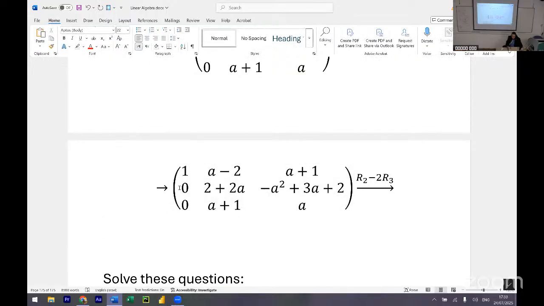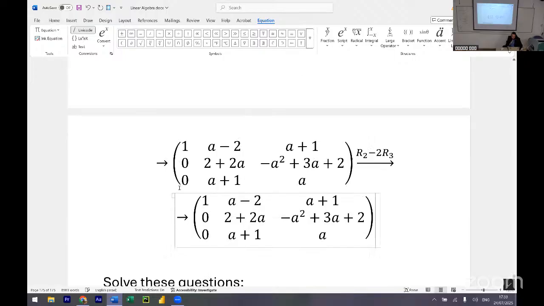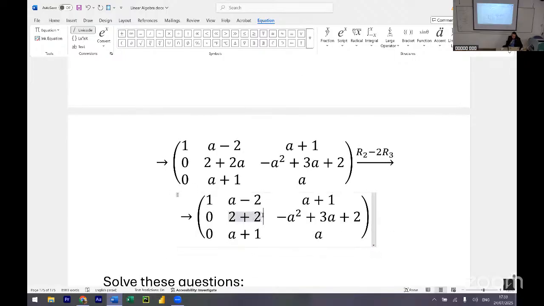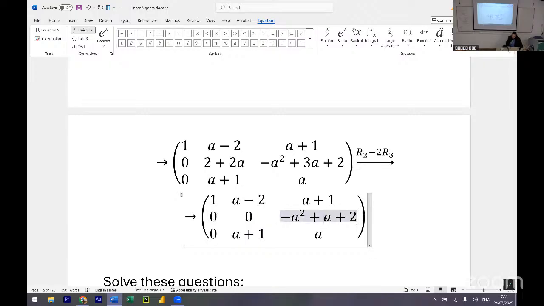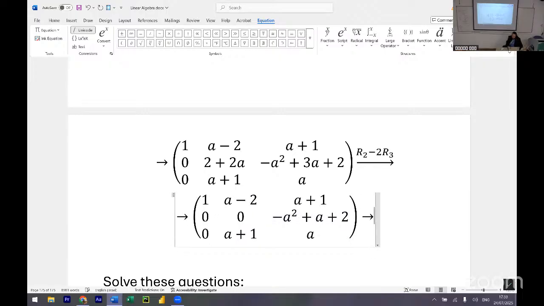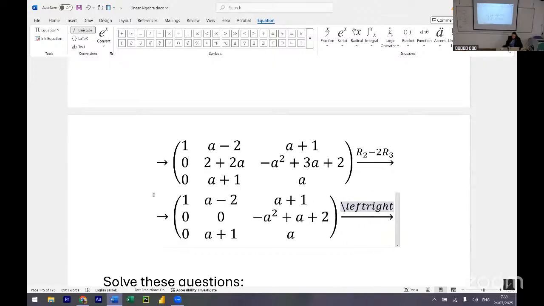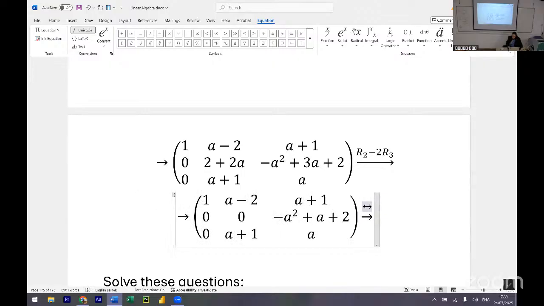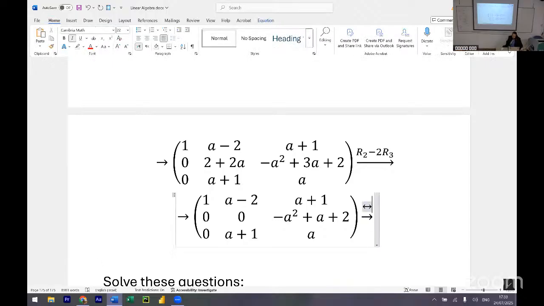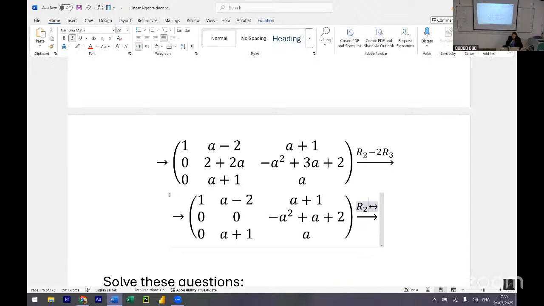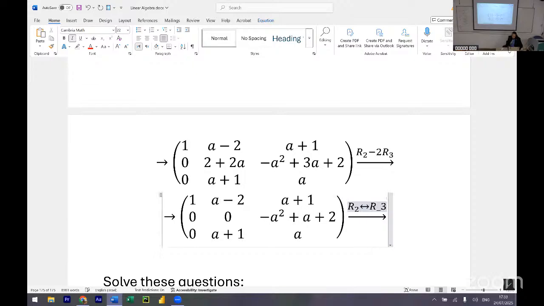So we'll get here 0, and here you'll get simply A, and last thing, switch between the second and the third row.